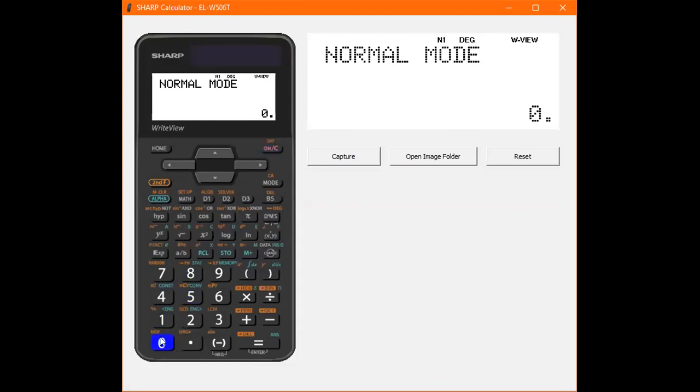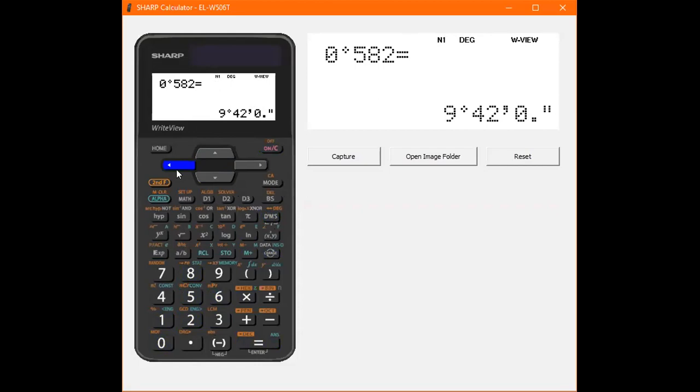We put a 0 in our hours placeholder, press our DMS button, type in 582 and press equals, and that will automatically convert that for you. If we wanted this as a fraction or a decimal, we can simply press second function DMS, and it will convert that into a fraction or a decimal for us as well.